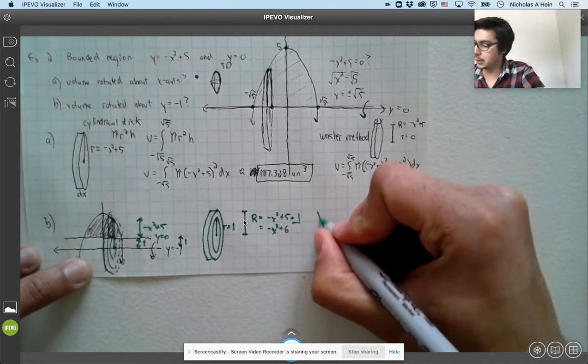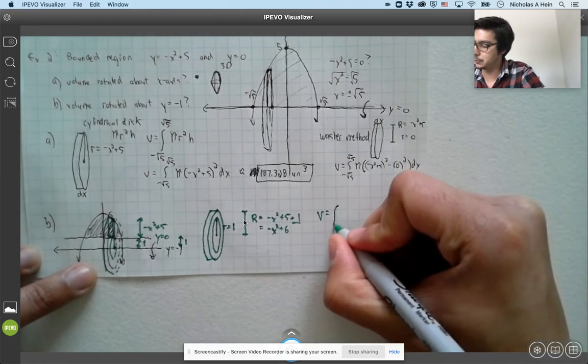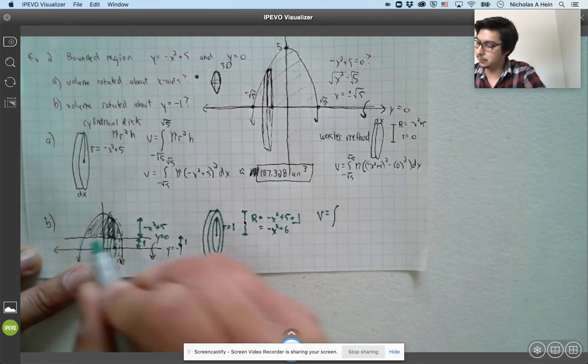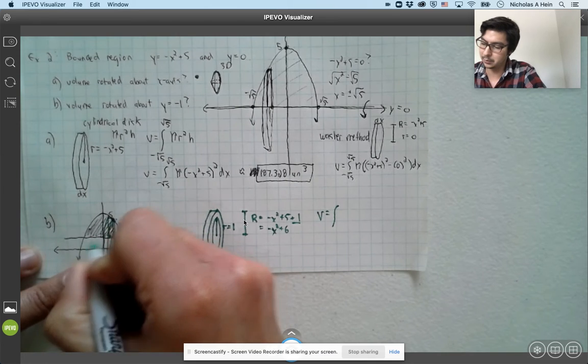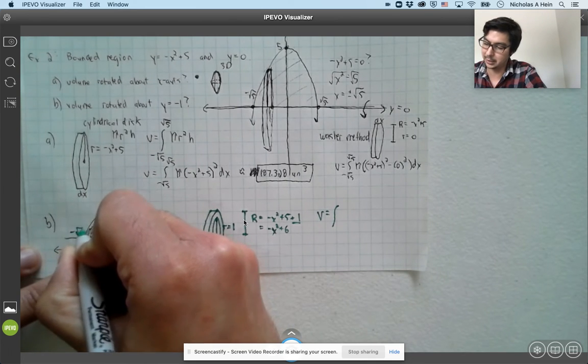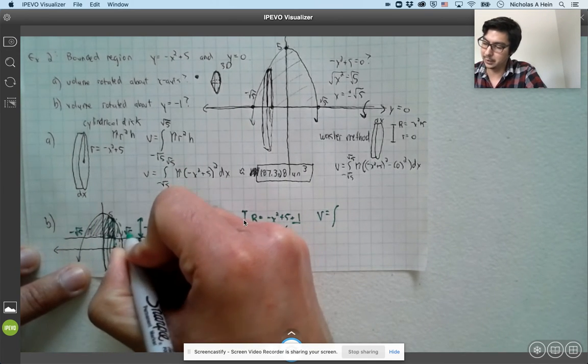So putting this together, we're going to have the volume is going to equal the integral from, and it's still this bounded region. So again, you are still going from negative root 5 to root 5.